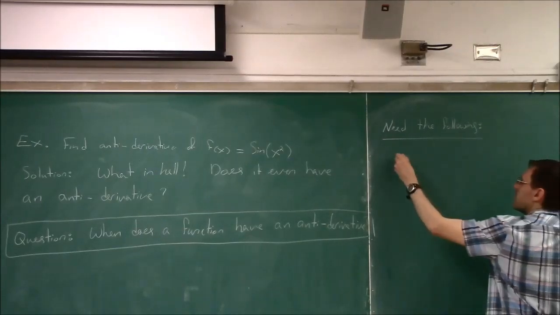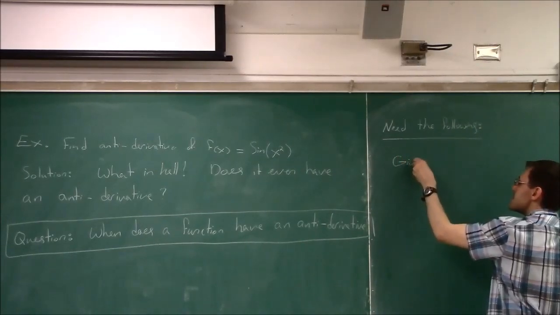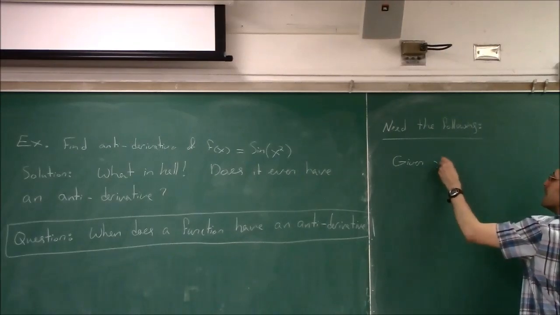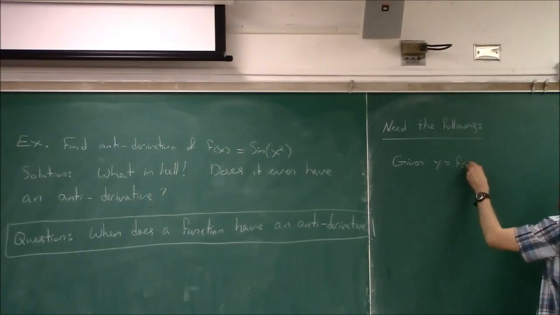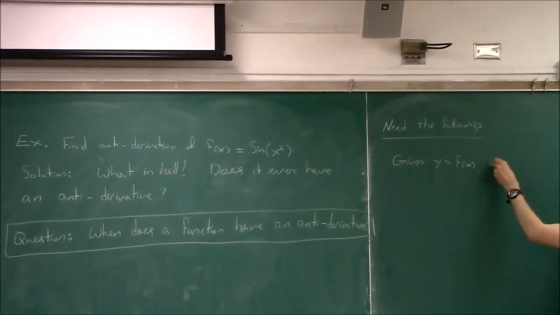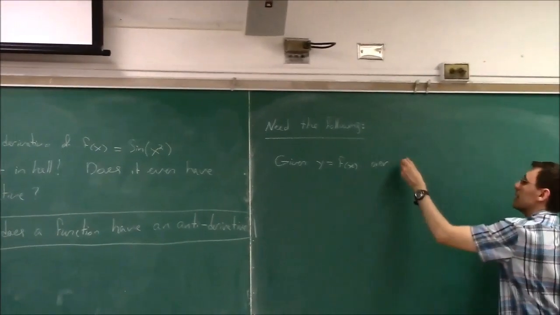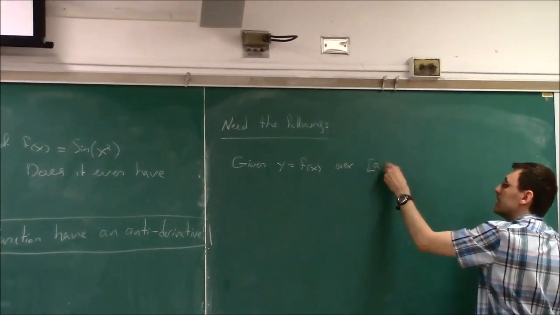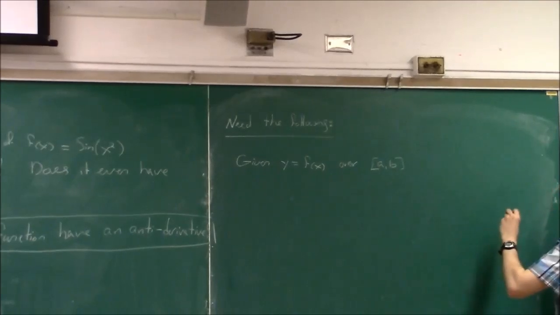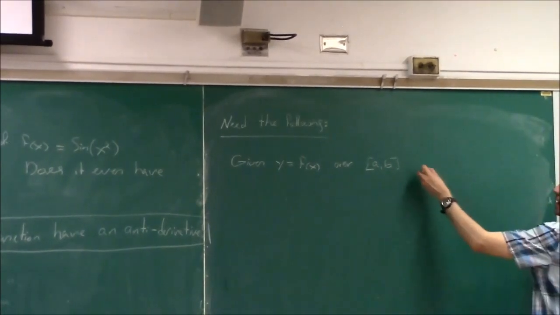So you're given y equals f of x over interval AB. What is the average height of the function?